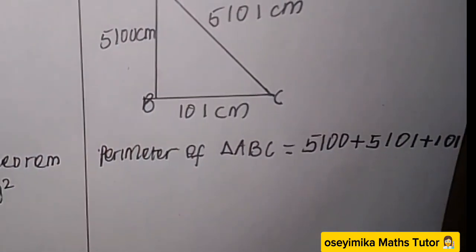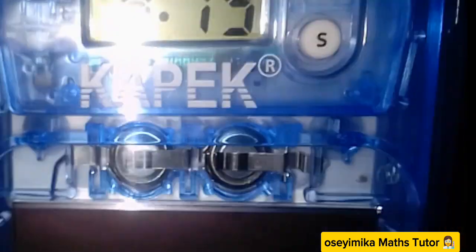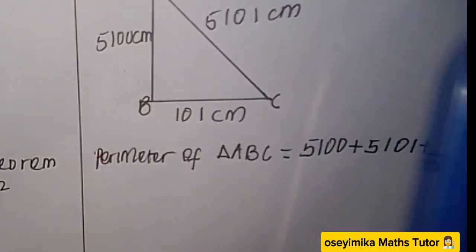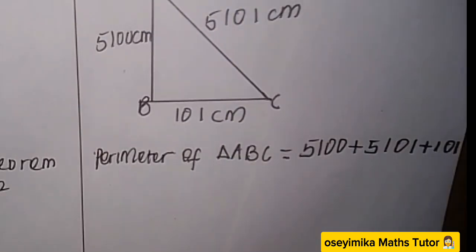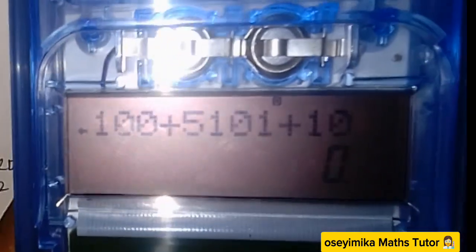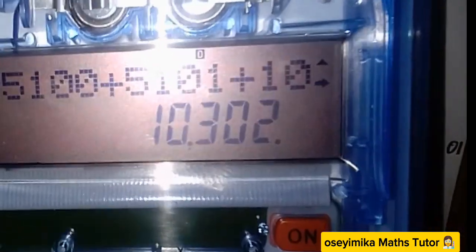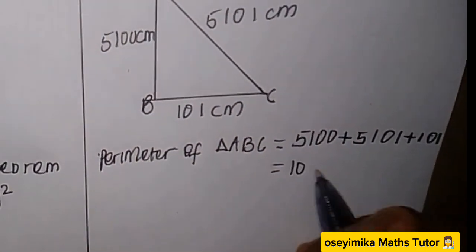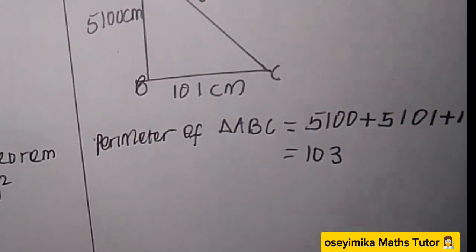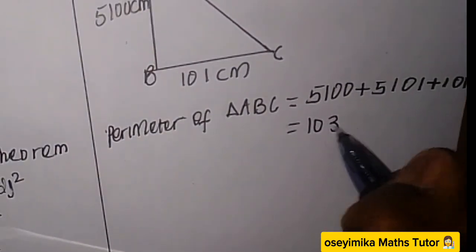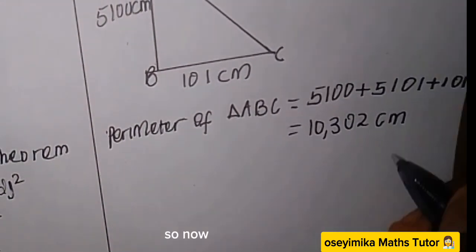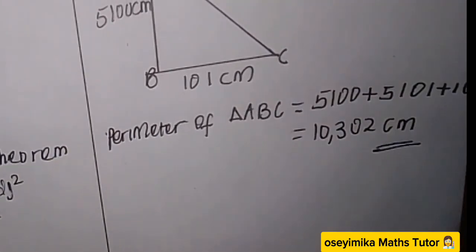When we push that into our calculator, 5100 plus 5101 plus 101 equals 10,302. So our perimeter equals 10,302 centimeters.